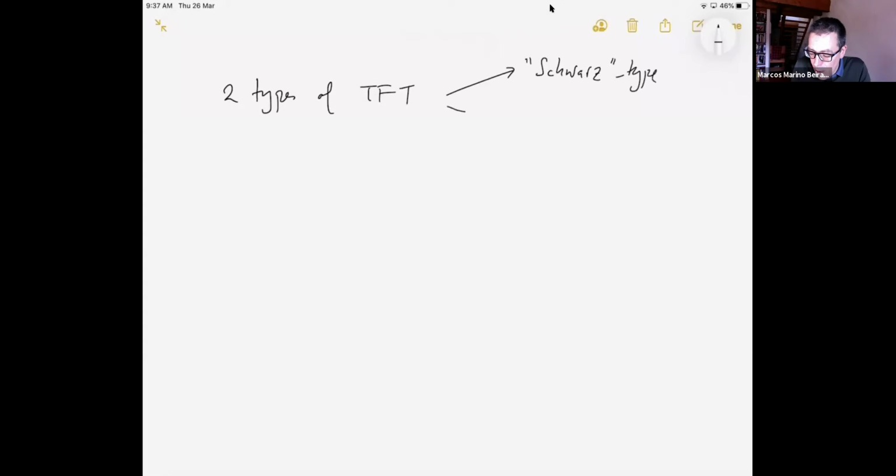So this is a topological theory almost by construction. But if you want to go to higher dimensions, you have to do something else to have a topological field theory. And as a general story, traditionally there have been two types of topological field theories, which are sometimes called Schwarz type and Witten type.